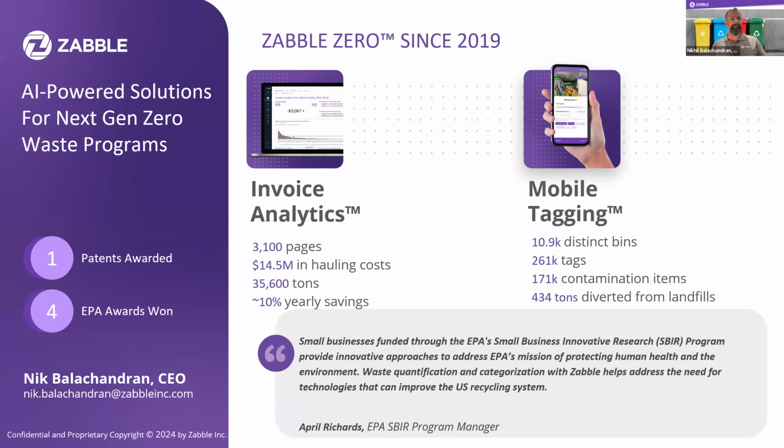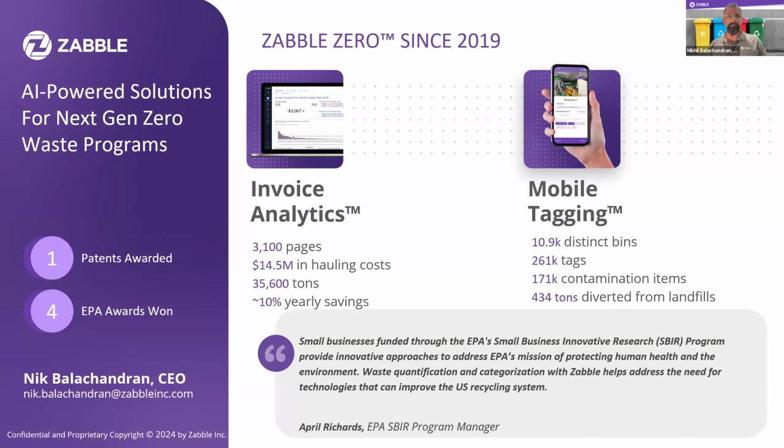So a little bit about Zabel, if you haven't heard about us. We're a 9-person tech company based in Walnut Creek in Northern California, but our footprint is national. And so is our impact. Our mission is to help organizations achieve zero waste by delivering real-time actionable insights using AI. And we've created 2 products to help with that objective: invoice analytics and mobile tagging, to help quantify operations from the point of disposal to the point of hauling.